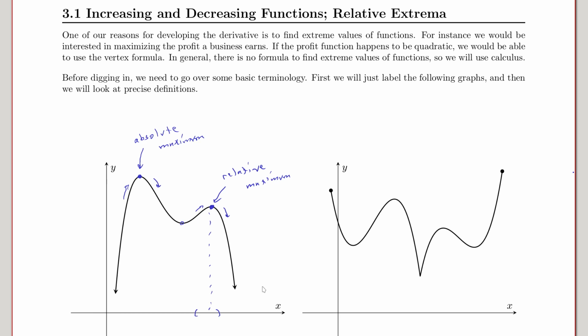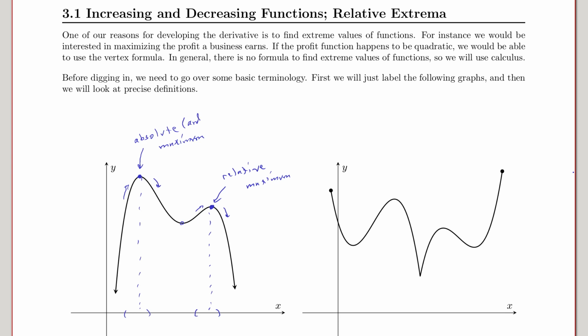Relative to the entire domain, then we have our absolute maximum. This is where things get a little confusing. Based on what I just told you here, if you looked at this interval, then that would be the highest point relative to this interval.